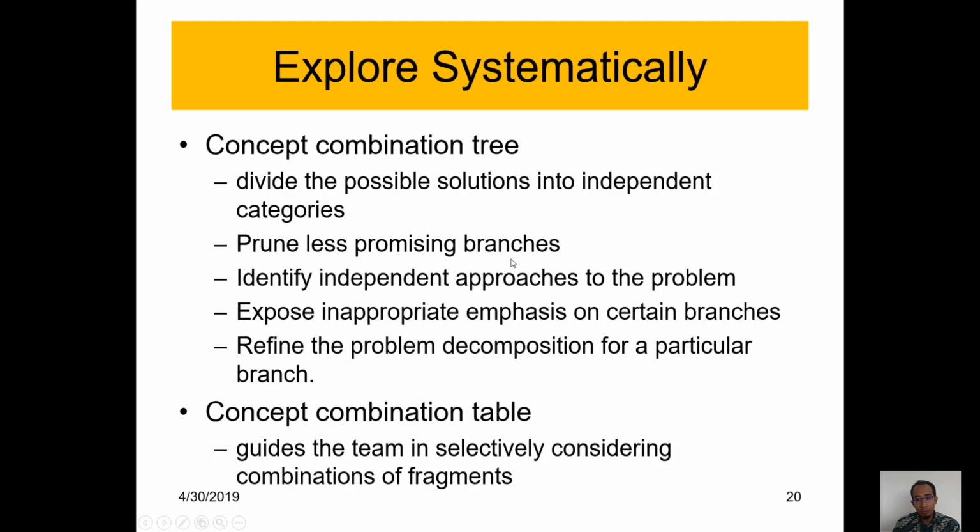We prune less promising branches and then identify independent approaches to the problem. Expose inappropriate emphasis on certain branches. Refine the problem decomposition for a particular branch. Okay, and the combination table guides the team in selectively considering combinations of fragments. So we will see from the case that we have about power later how to make the concept combination table as well.